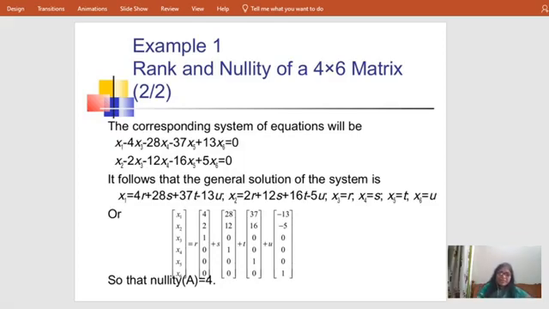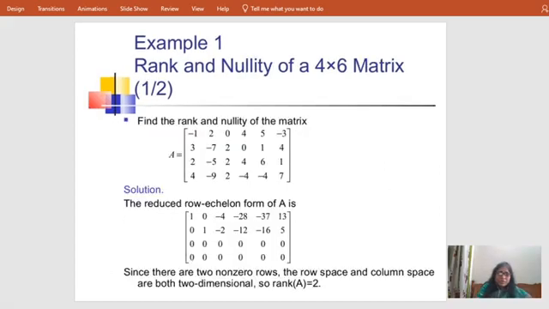What are those 2 equations? Let us see. So, in the row echelon form, from the non-zero first row, by allotting x1 to x6 variables, and these first row elements treated as their coefficients, the equation will be x1 plus 0x2 minus 4x3 minus 28x4 minus 37x5 plus 13x6 is equal to 0.